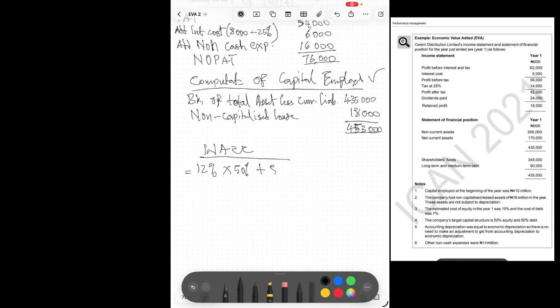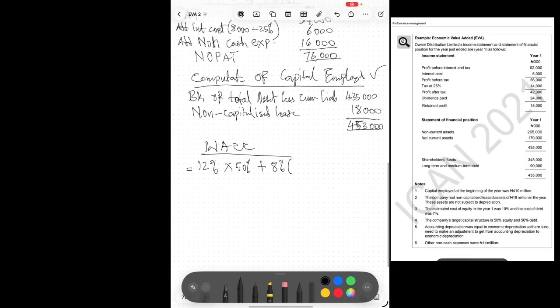The cost of debt is 8%, also in the question. You have to remove the post-tax effect, which is 1 minus the tax rate of 0.25. Then you multiply by the weight of debt, which is also 50%. If we calculate this, the total should give us 9%.